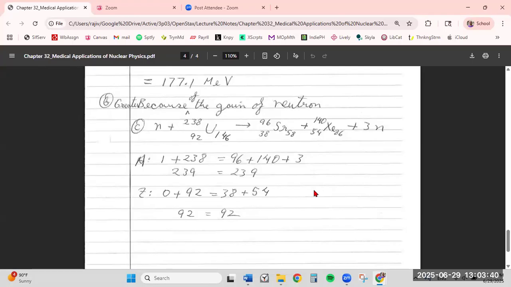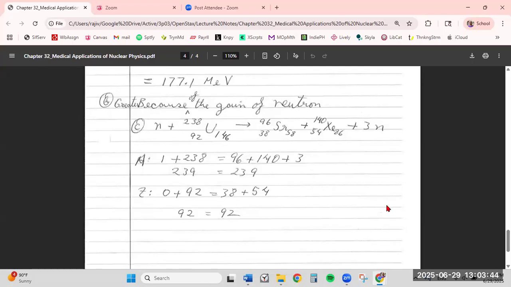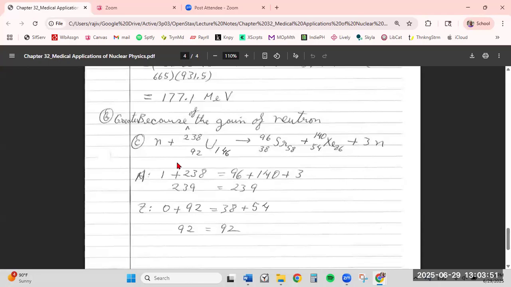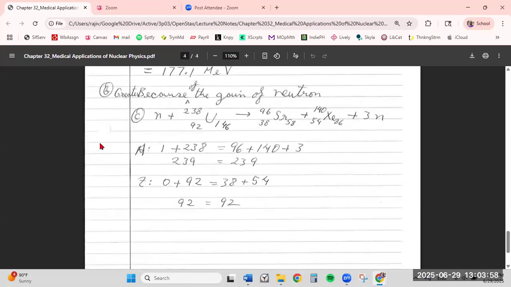Okay, and then in part C, you have to show the conservation and so forth. So you write down the reaction, making sure you have all the A, Z, and N values. And then if you look at A, the total number of nucleons, 1 here, 238 here, 96 here, 140 here, and 3 here.